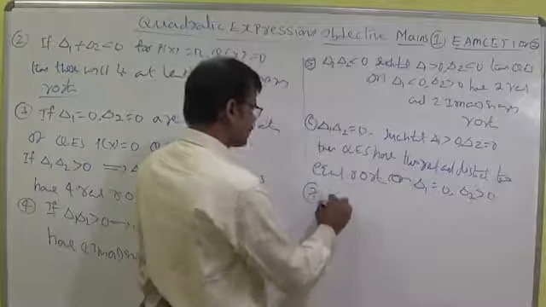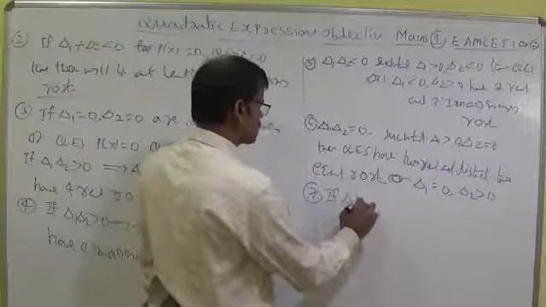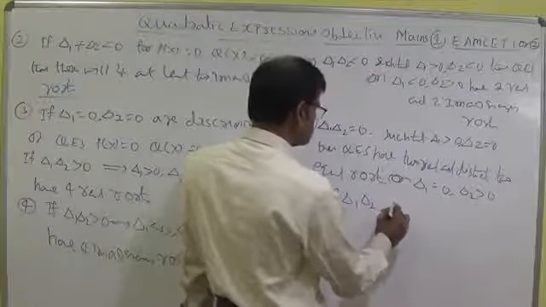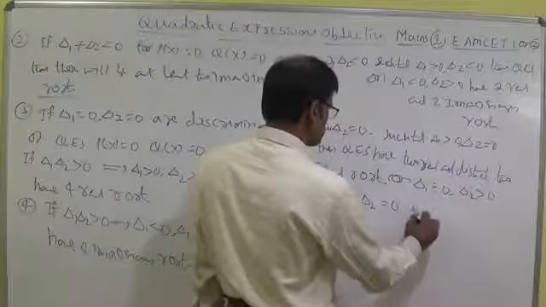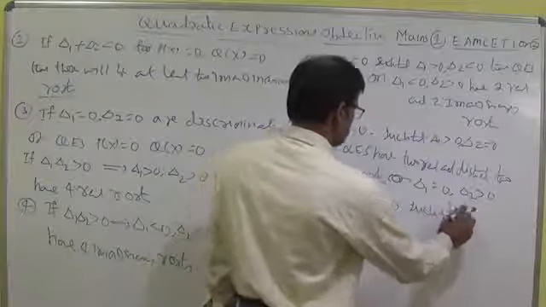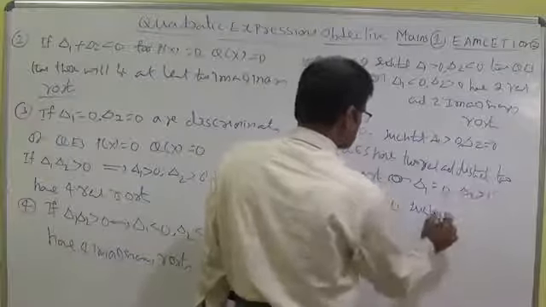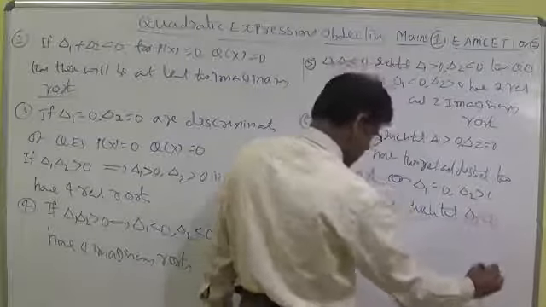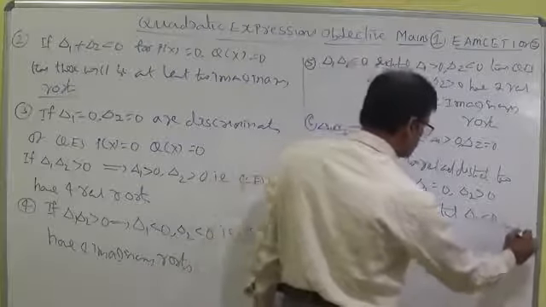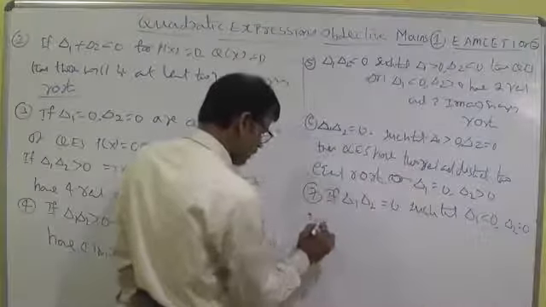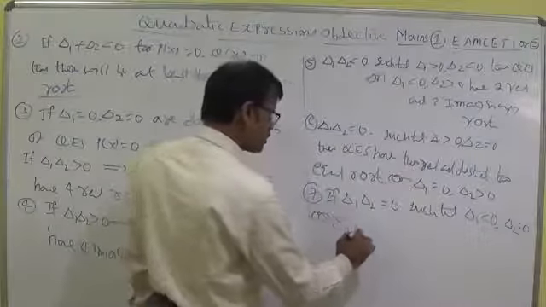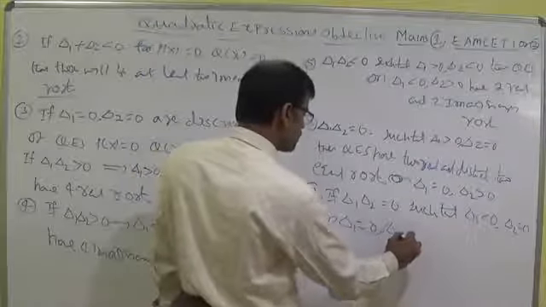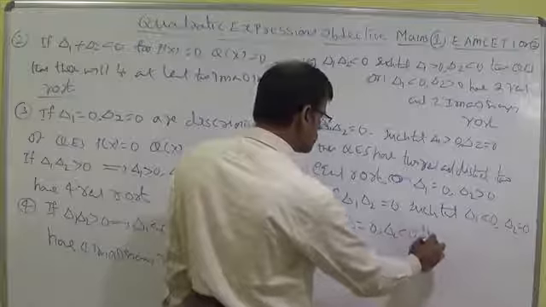Next one, delta 1, delta 2 equal to 0, such that delta 1 less than 0, delta 2 equal to 0, or in another way, delta 1 equal to 0, delta 2 less than 0.